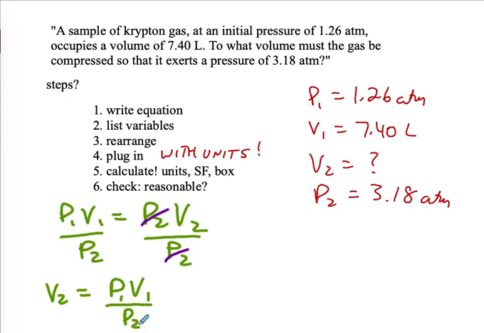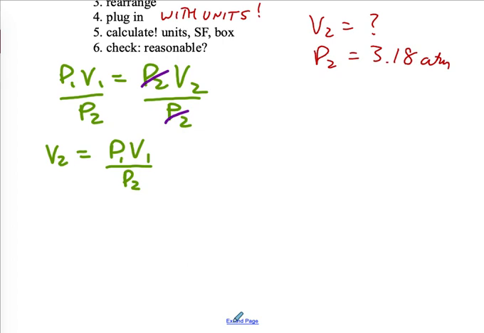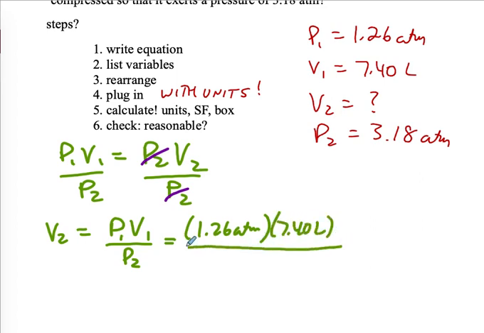You don't need to show the algebra, but you do need to show the rearranged equation that you're plugging into. Now I can plug in my values. Let's go back up and look at those again. P1, my initial pressure, is 1.26 atmospheres. V1, my initial volume, is 7.40 liters. P2, my final pressure, is 3.18 atmospheres.